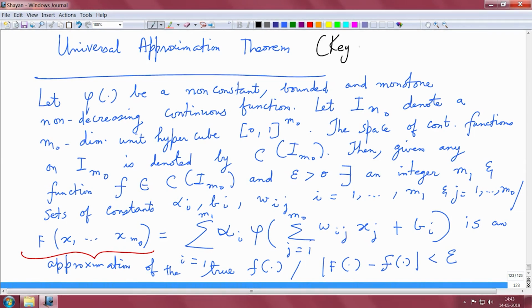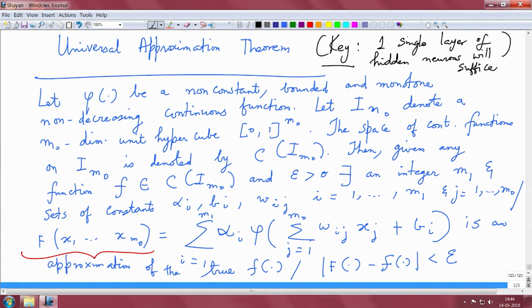So the key is one single layer of hidden neurons will suffice. So we don't have to have multiple layers, but we can have one single layer of neurons, and this will suffice to learn this IO mapping, and that is the key idea behind the universal approximation theorem.